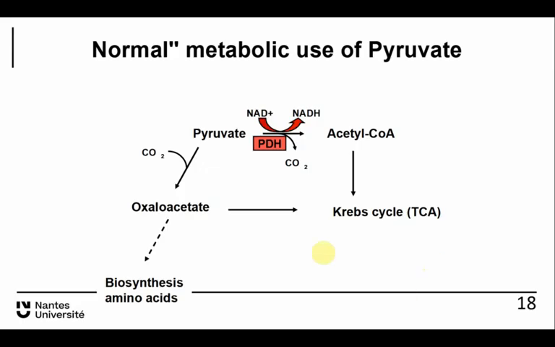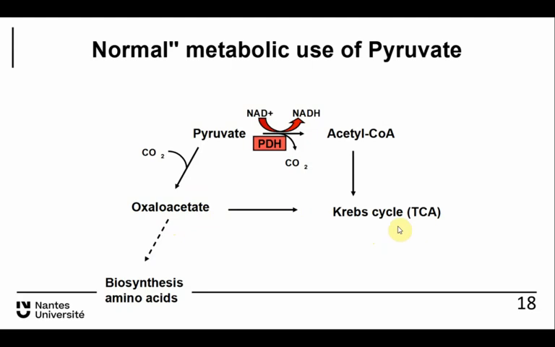So when bacteria are not performing fermentation, pyruvate is still an important molecule because it can be carboxylated to oxaloacetate, and this is an important precursor for the biosynthesis of amino acids, and it's also something that will lead into the Krebs cycle. So the Krebs cycle, this is an essential part of respiration.